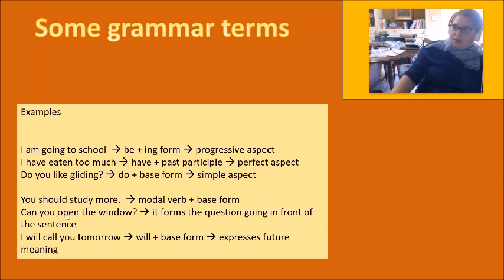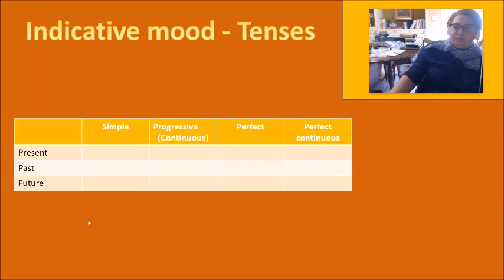Can you open the window? And then, most important of all, because we use this modal auxiliary to form the future, it's will. I will call you tomorrow. And when we have to make a question, I'll say, will I call you tomorrow? Putting the will in the first position.